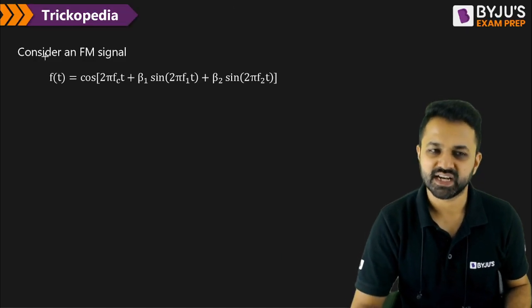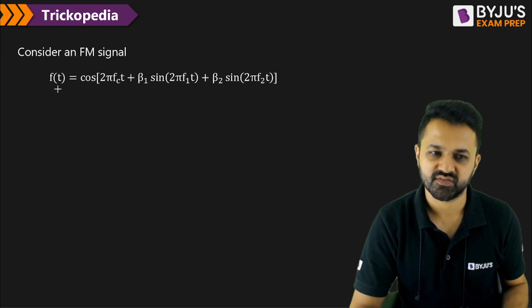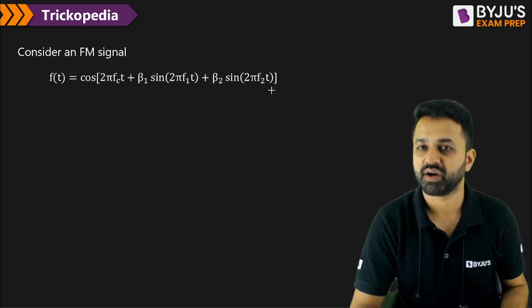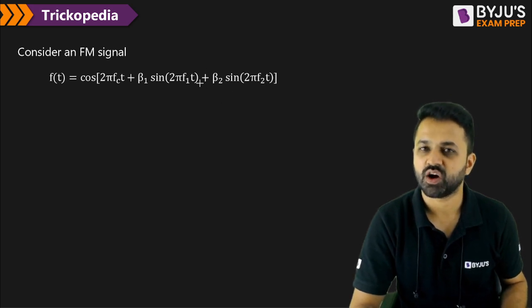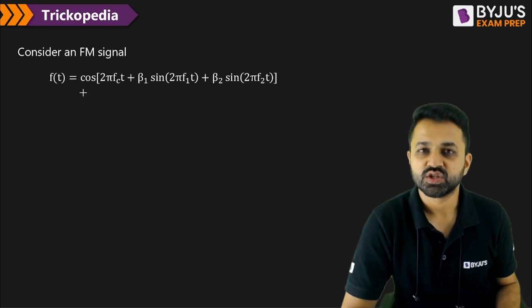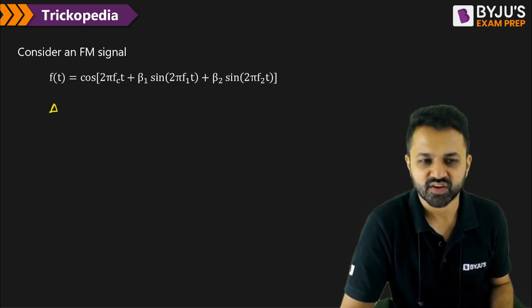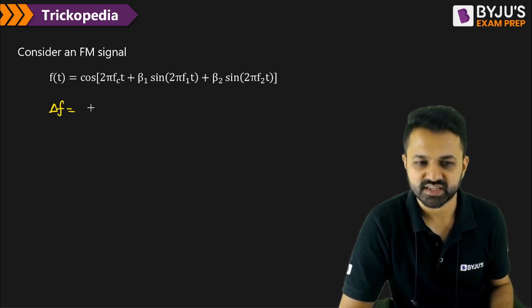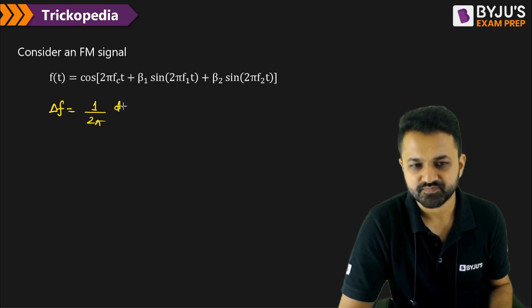Suppose you are considering an FM signal given in the form cos of omega c t plus beta 1 sine 2 pi f1 t plus beta 2 sine 2 pi f2 t. In such a situation, how can you calculate the frequency deviation? What is the formula? The frequency deviation delta f is 1 upon 2 pi d phi by dt.